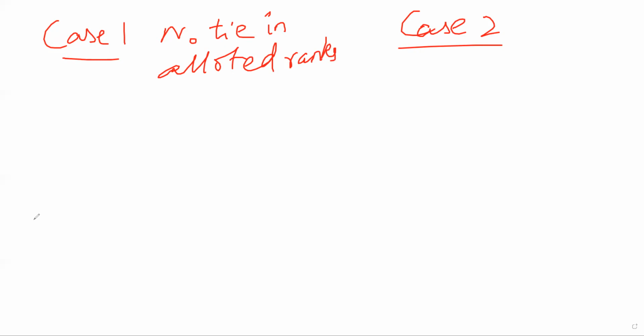Let us suppose you have different marks from the exams you write. Let us suppose there are 5 students, roll numbers 1, 2, 3, 4, 5, and they have written two exams, an anatomy exam and a medical surgical exam. This is the example for case 1.